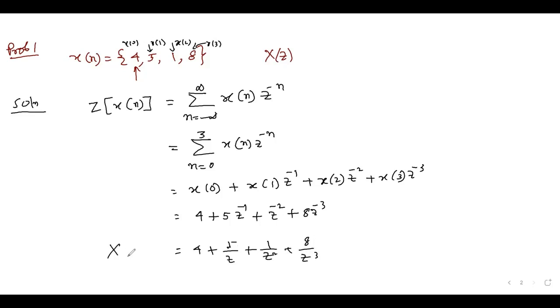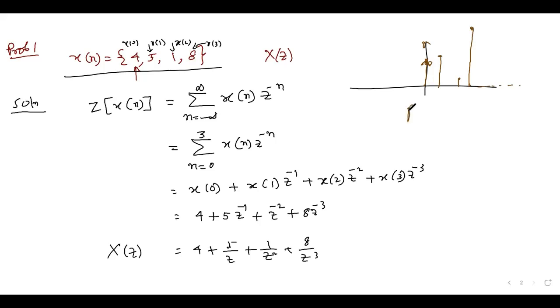This is the z transform of the given signal, and it is a right hand signal, because if we sketch it, we'll find this value is 4, here it is 5, here it is 1 and here 8, and all other values are 0, right? So this is basically a right hand signal.